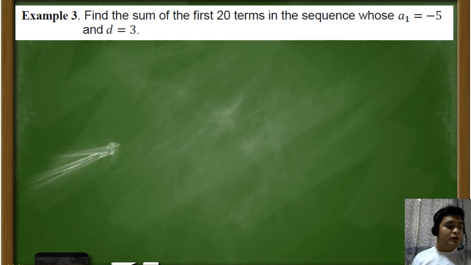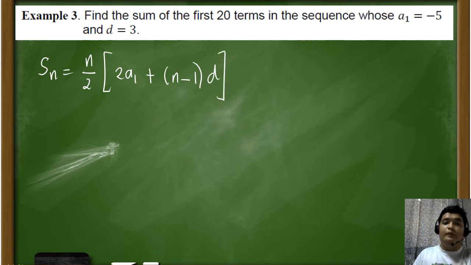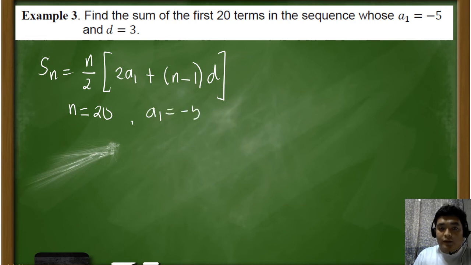Our second formula states that S sub n equals n over 2 times the quantity 2a sub 1 plus the quantity n minus 1 times d. What is our n? Our n is 20, since we are finding the first 20 terms. Our first term, a sub 1, is negative 5. Then our d is 3.